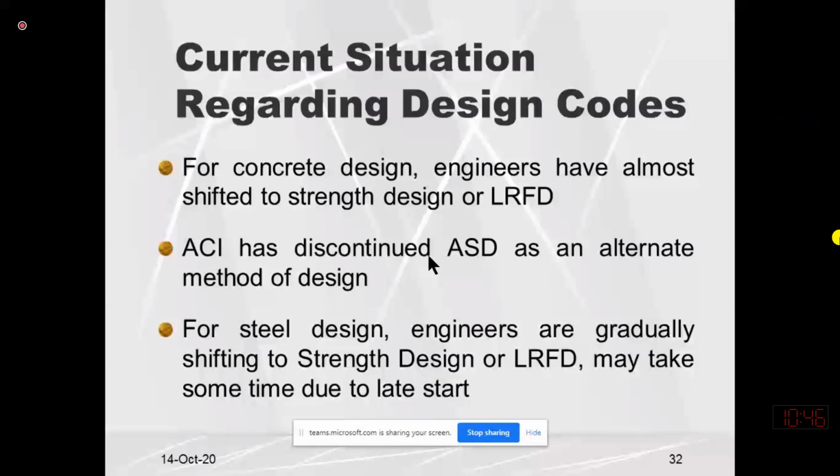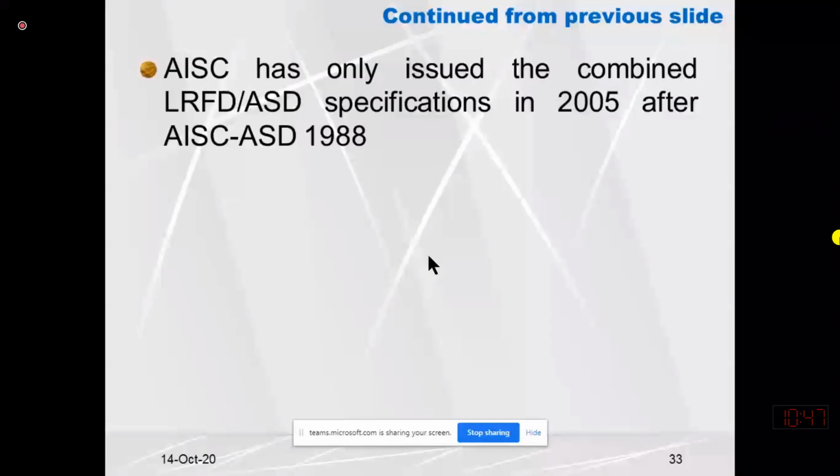AISC, the American Institute of Steel Construction, issued a combined LRFD and ASD specification in 2005, after the AISC ASD 1988. So in 2005, AISC published two specifications side by side.